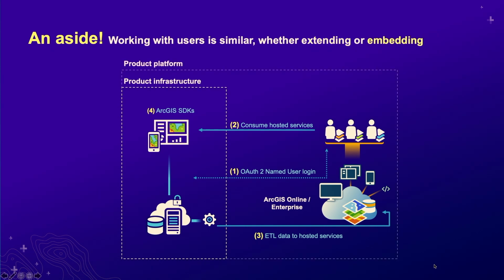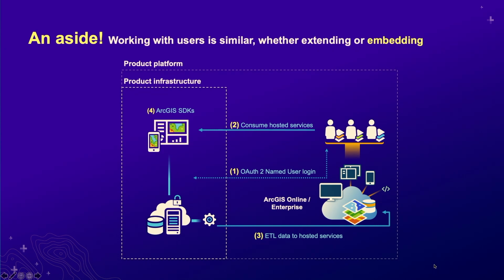When you're embedding, instead of the customer owning that ArcGIS Online or Enterprise deployment, you're actually controlling the ArcGIS Online and ArcGIS Enterprise-based deployment. It just really comes down to what you as the developer are managing, and what the customer is managing from a product and infrastructure standpoint.